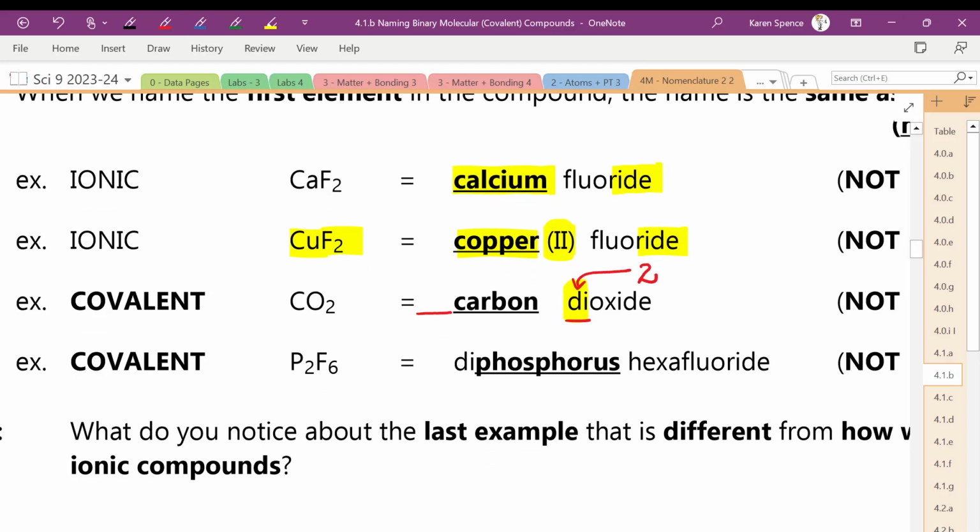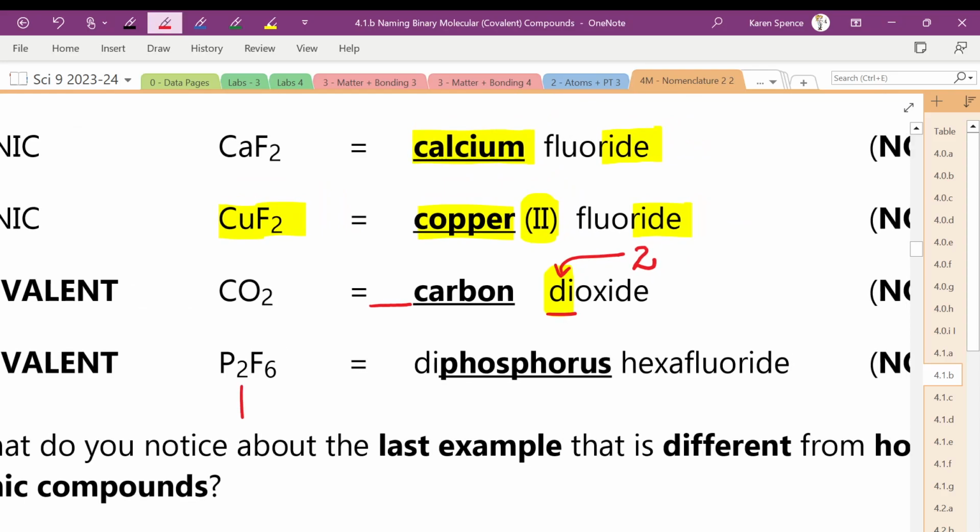All right, we also now have P2F6. So we have 2 phosphorus, so that's why it's diphosphorus. We have 6 fluorine, so that's why it's hexafluoride.